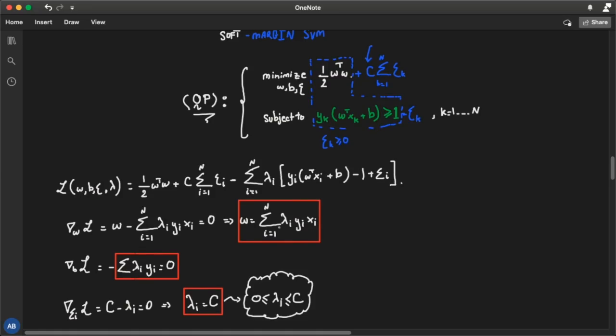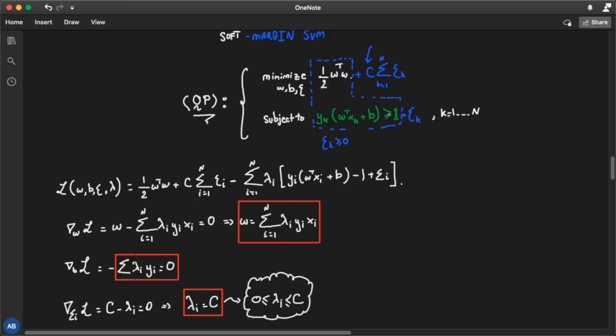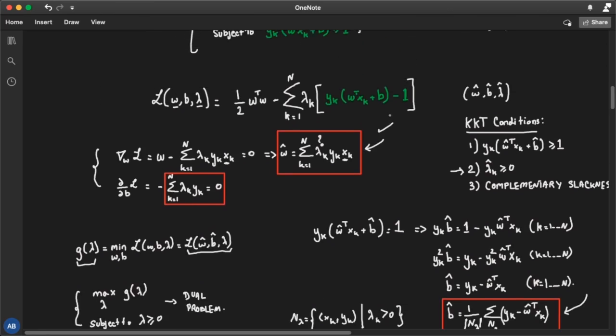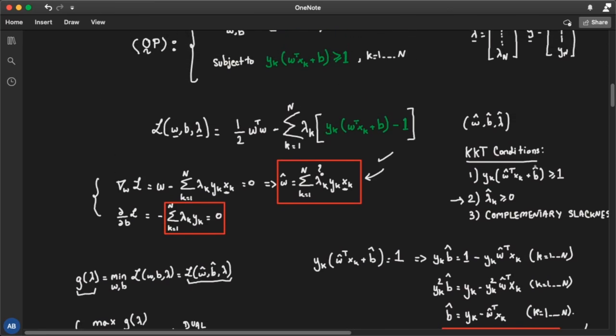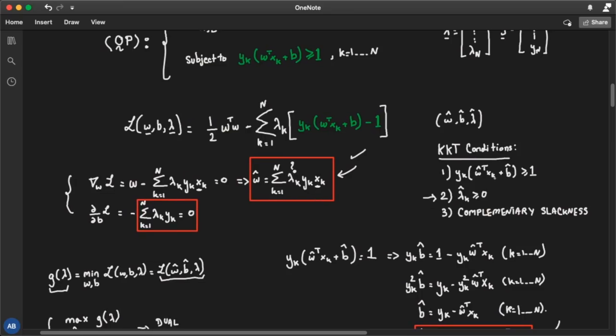Now we have an expression for W, we need an expression for B. And as we did in the hard margin case, the B can be obtained from the equality in the first KKT condition, that is y k w hat x k plus b hat is equal to 1. So we satisfy the kth constraint with equality.